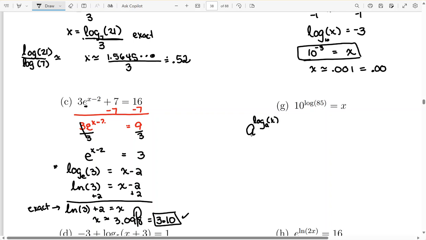This is the cross-out property that we're talking about. If the bases are the same, they cross out, and we're left with whatever's inside the argument. So for this one, this is 10 raised to the log. The base isn't there, so it's assumed to be 10, of 85 equals x. So this side is going to cancel out to just 85 equals x. And that would be your answer.